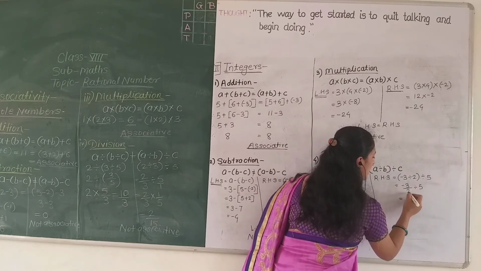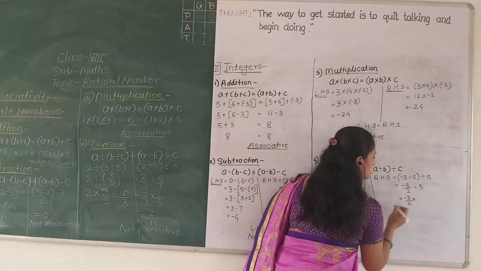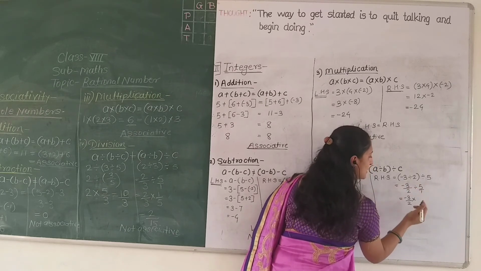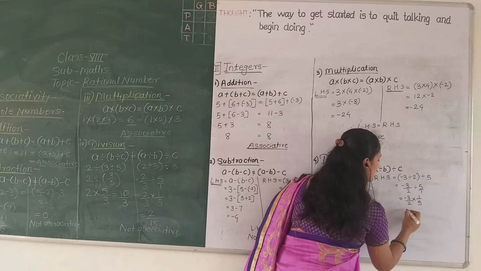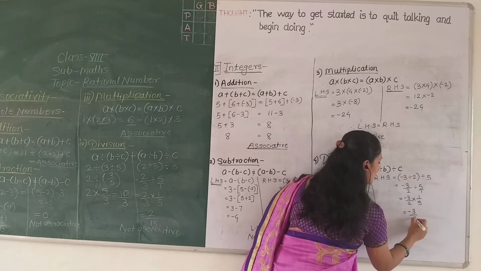Here I can write in fraction form negative 3 upon 2. This division sign changes to multiplication, and the reciprocal of the number 5 upon 1 is 1 upon 5. So the product of these two numbers is negative 3 upon 10.